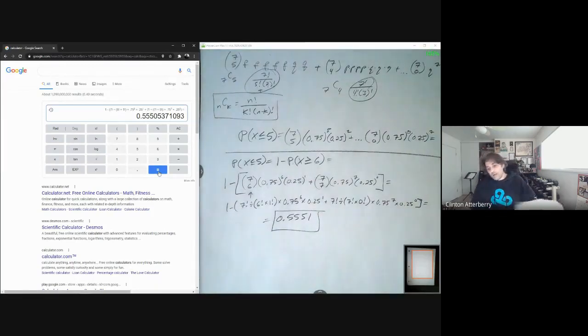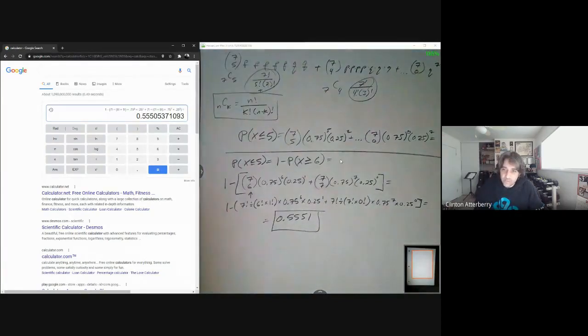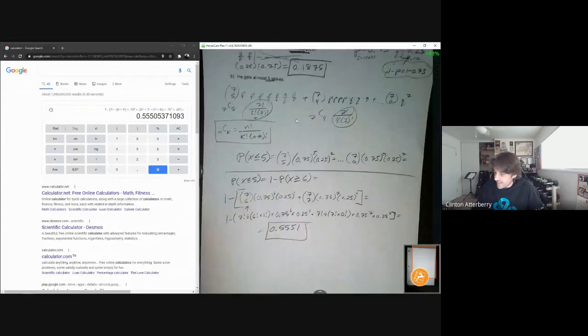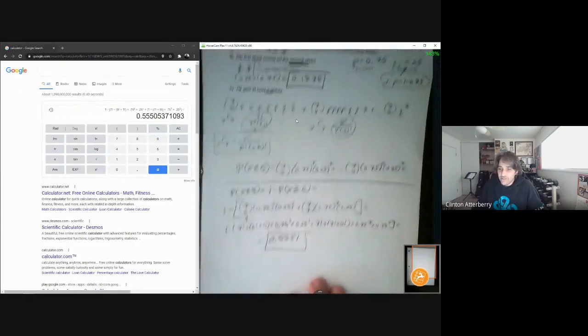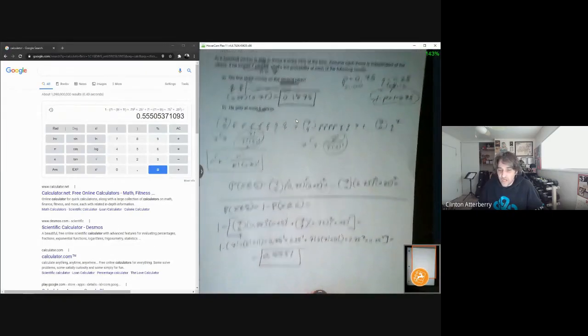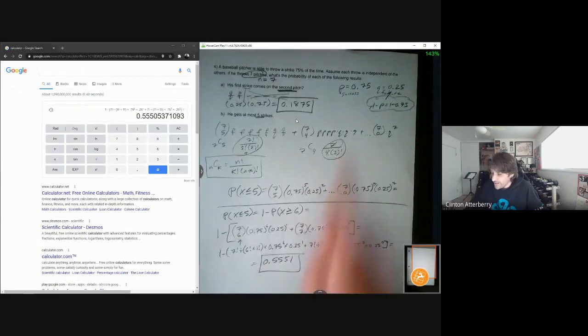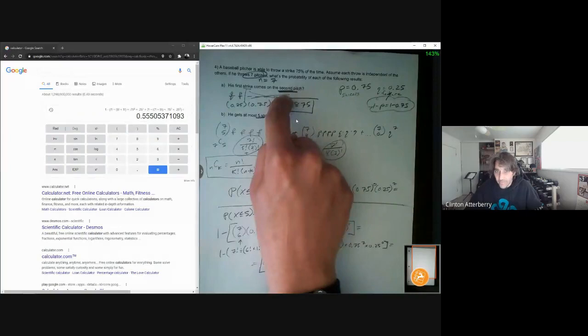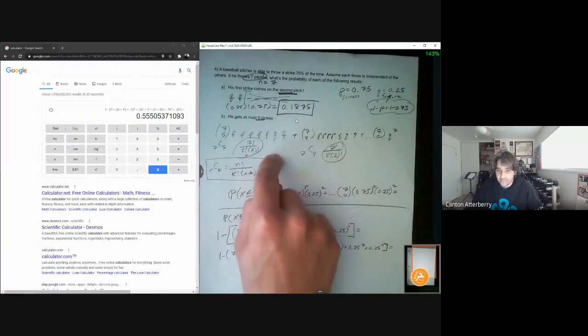Holy cow! Holy guacamole! I know it's a lot of work, but once again, please be careful. Please be careful that you look at your P and Q value before you start this problem, because there's a good chance the P and Q value will be different from this question to this question.